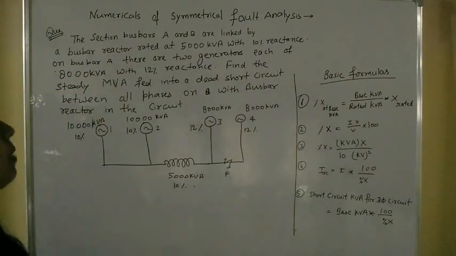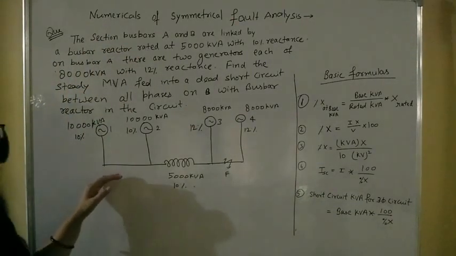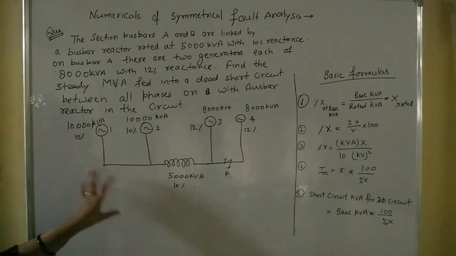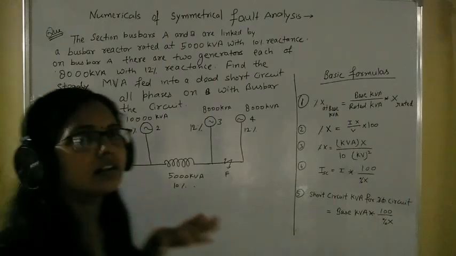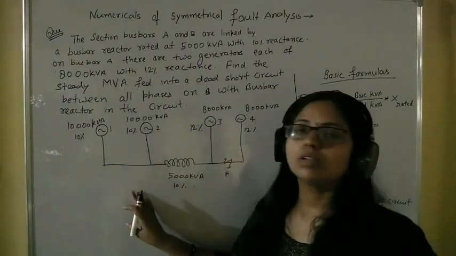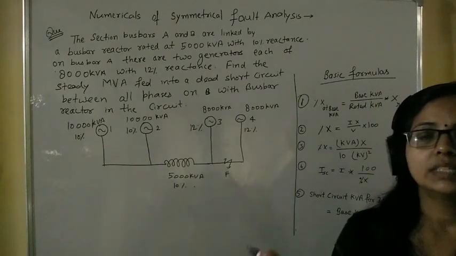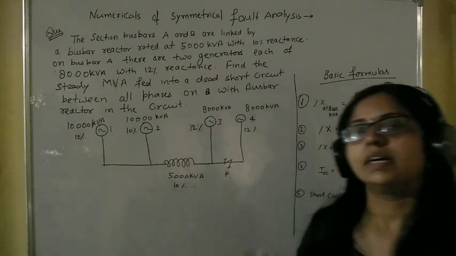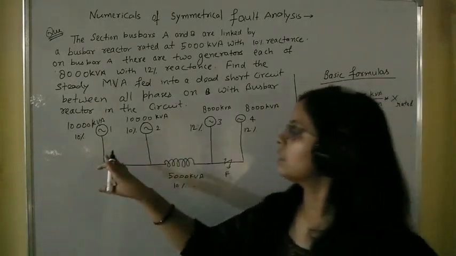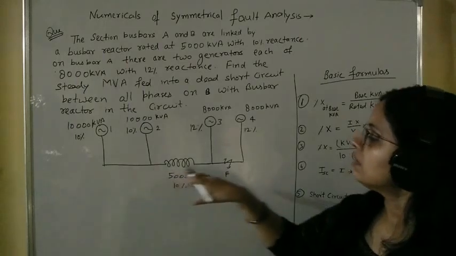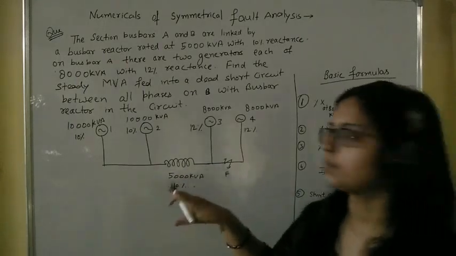the section bus bars. Let me explain this thing. Actually the reactors are connected in the bus bar so that we can control the short circuit current. Basically we can limit the short circuit current. These reactors can be connected with generators, with the feeders connected, or in between the bus bars.